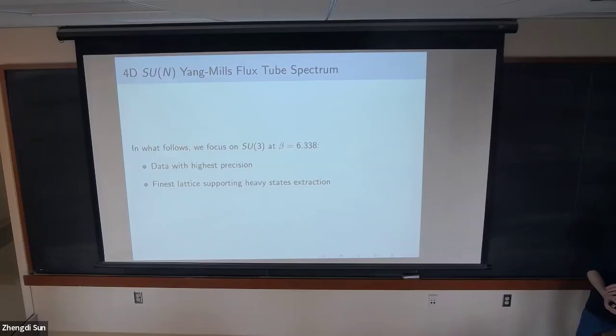So we want to extract it before it gets drowned by the noise. The way to do this is to add more data points during this exponential decay, which is achieved by using a finer lattice.